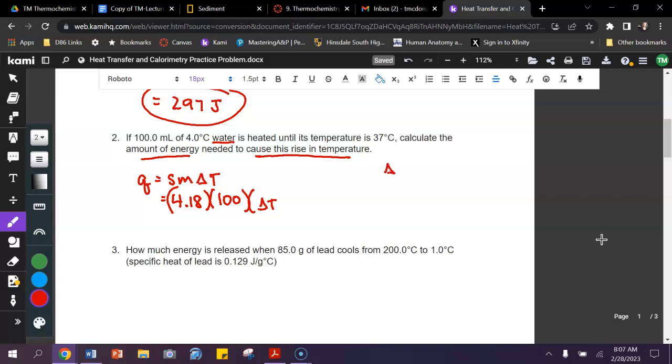This time, our ΔT, and again, that's T final minus T initial, is equal to 37 minus 4. So again, we have a ΔT value of 33. And so I'm going to plug that in right here. When I multiply all of these out together, my final answer is 13,794 joules.